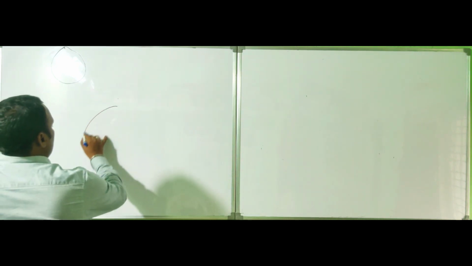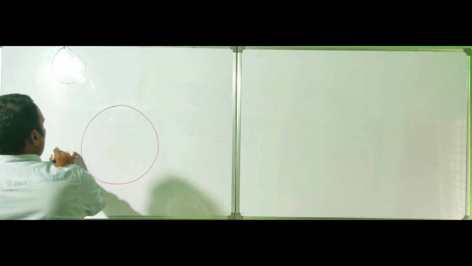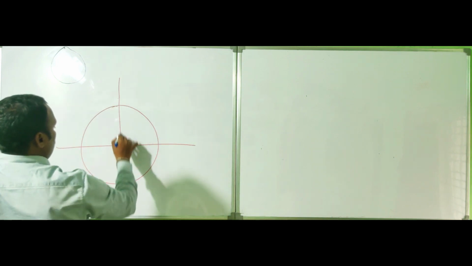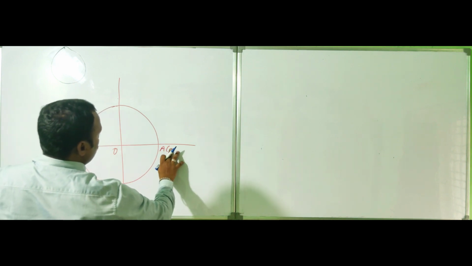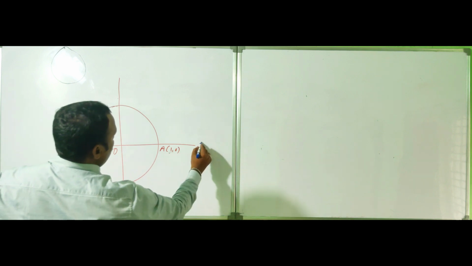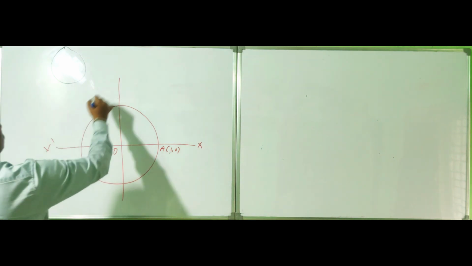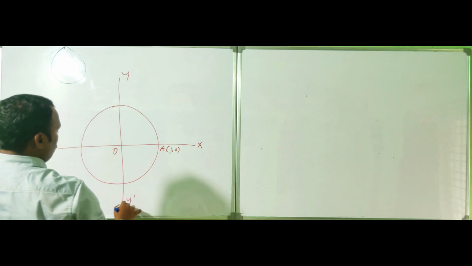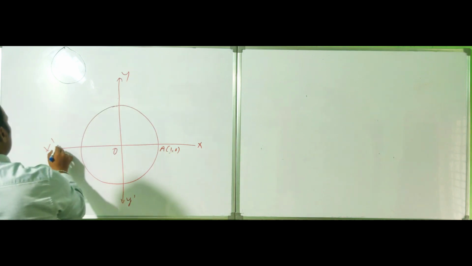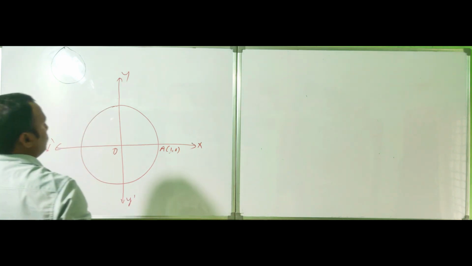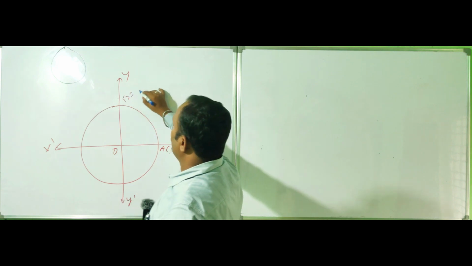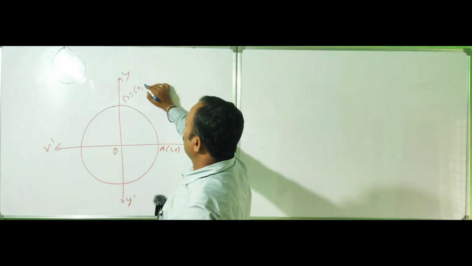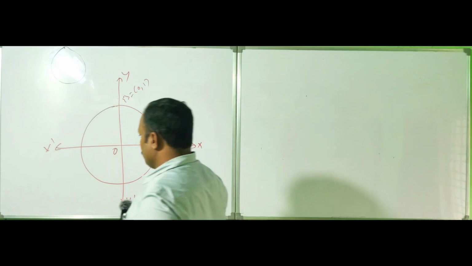Okay students, next the same function for cos x. This is the circular function of the unit circle. This is 0, this is A, this is x, this is x dash, this is y, this is y dash. This is b: a is 0, b is 1.